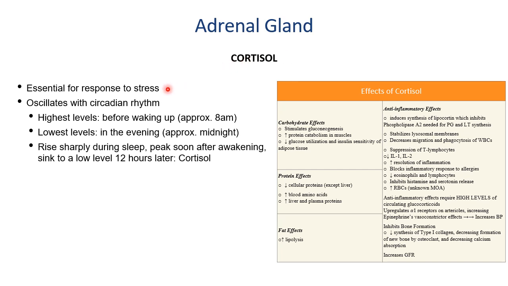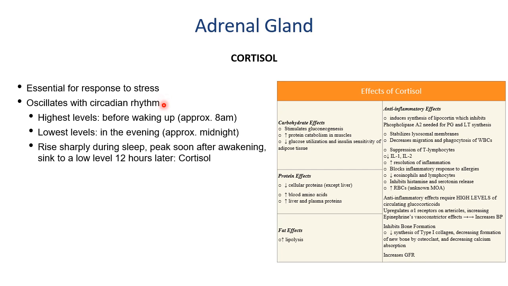Cortisol is again the primary glucocorticoid, and you might have known this for a long time already. It is the stress hormone. So when the body experiences psychological and physiologic stress or physical stress, it will release cortisol.